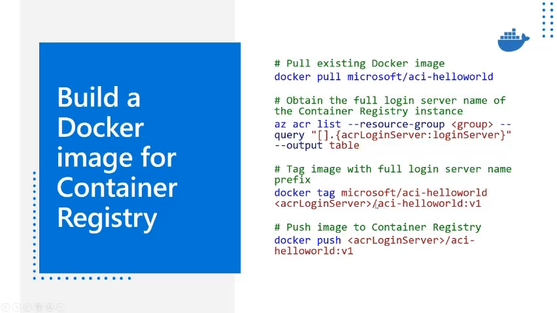So we tag this image, Microsoft aci-helloworld, with the login server, and we tag it with version 1, v1. And in the end, we can push it using the same tag, the login server slash aci-helloworld, and then v1.